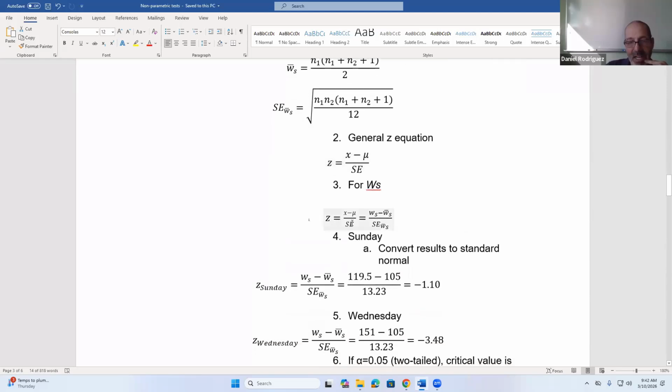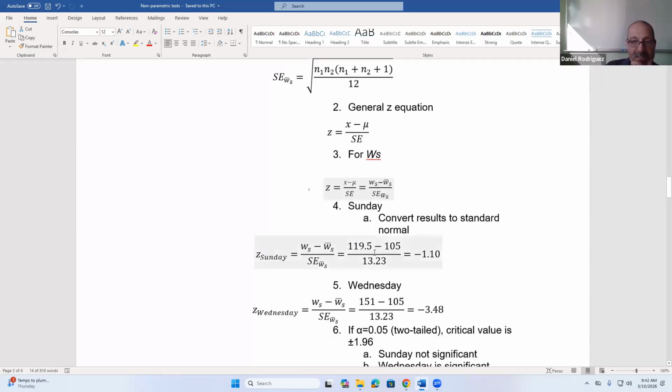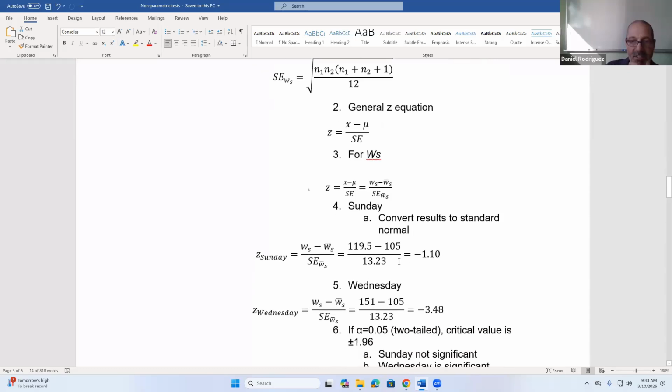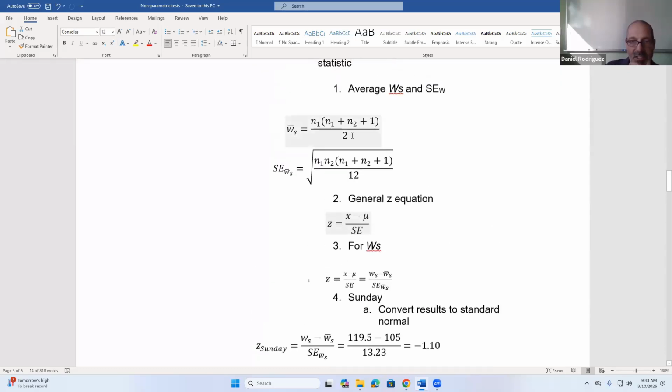So let's go ahead and do that here. We make this conversion. We have our W, which is our Wilcoxon score, which was the first of the two groups. In this case, I'm going to run this for you. The first value was 119.5. And we subtract 105 from that because that's the average, using this equation here.